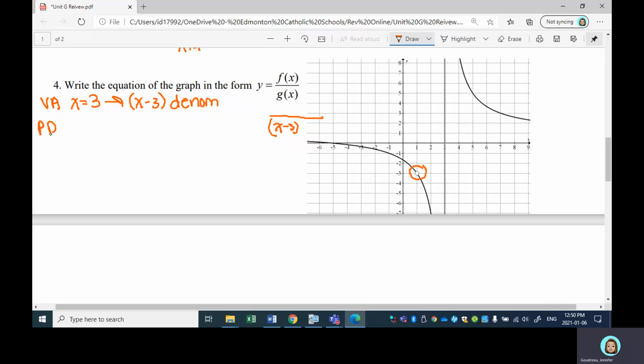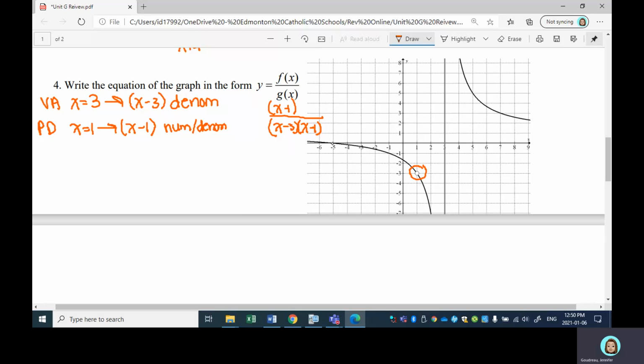So the point of discontinuity happens at x equals 1. That means we must have a factor of x minus 1 somewhere in our function. And that means it has to be in the numerator and in the denominator because it came from the matching factor. So x minus 1 is going to go up and down.